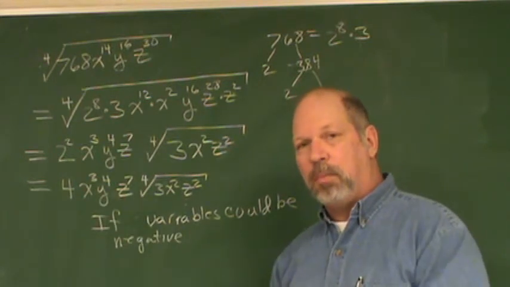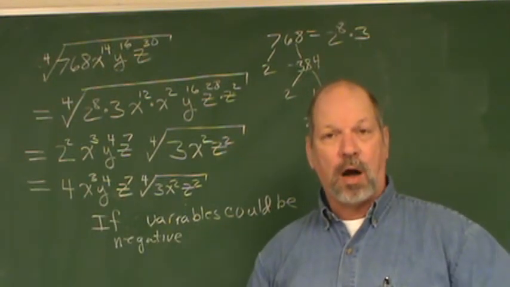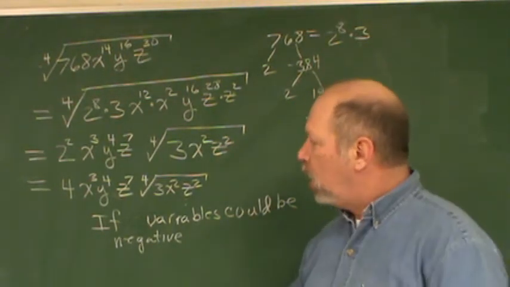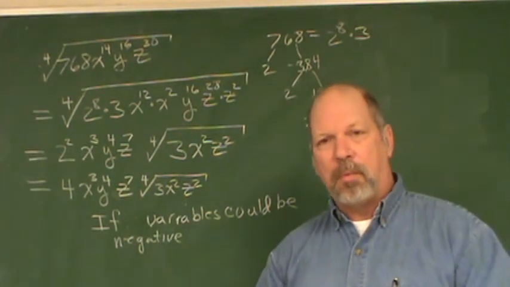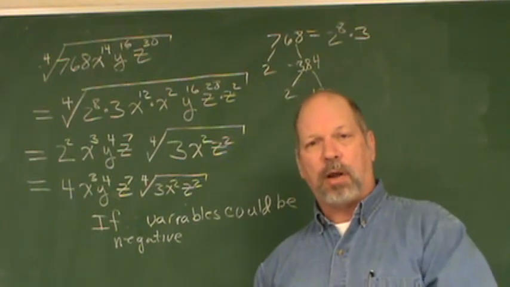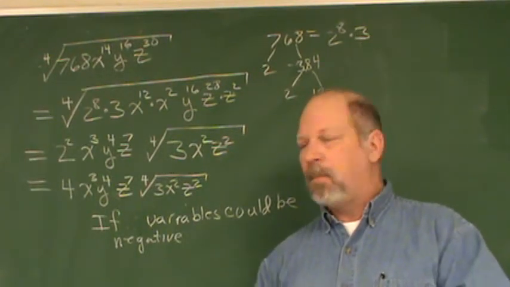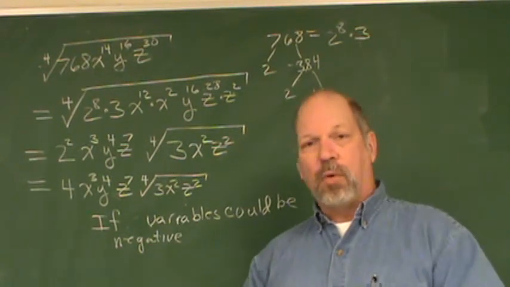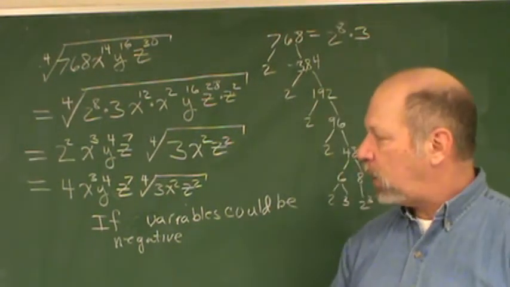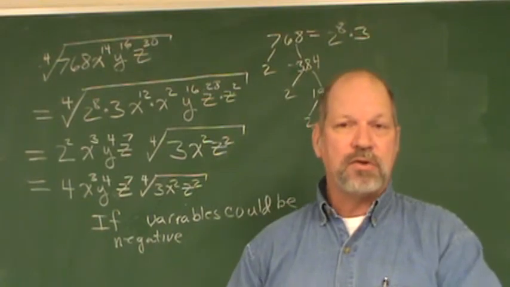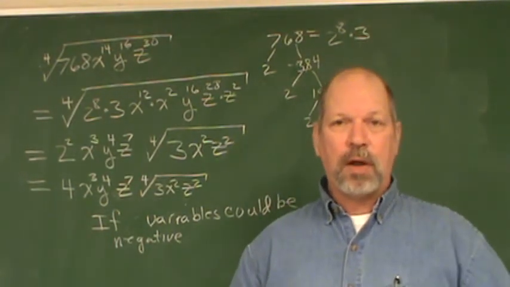X cubed, that could be negative because that exponent is an odd power. Okay? Y to the fourth, well 4 is even. Even if y was a negative number, when I raise it to the fourth power, it's going to make it positive. So I don't have to worry about that. And then z to the seventh. Well, 7 is odd, so we have to worry about it. So the way I would write that answer, remember, what makes negative stuff positive? Absolute value.